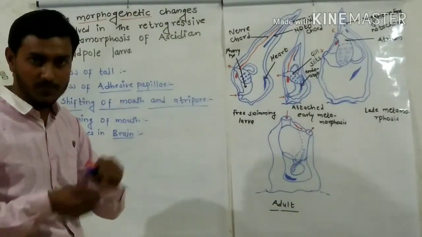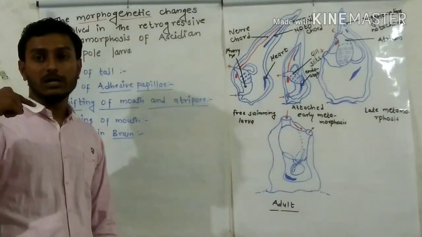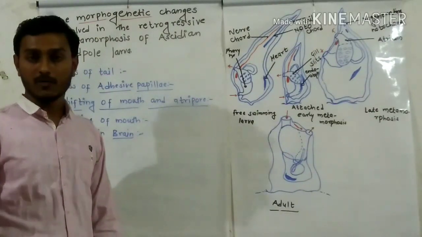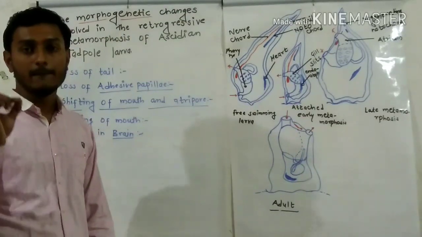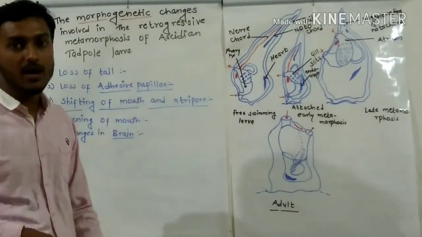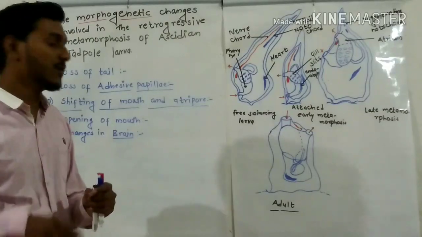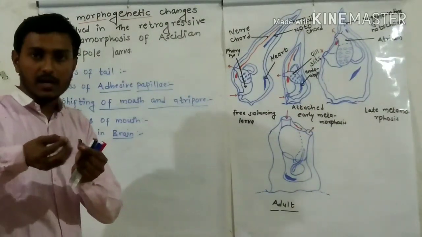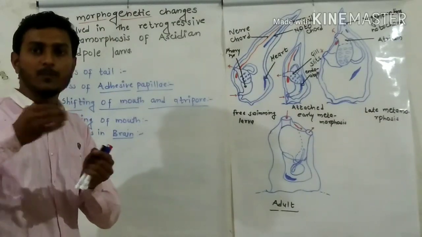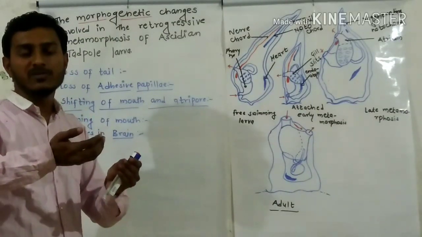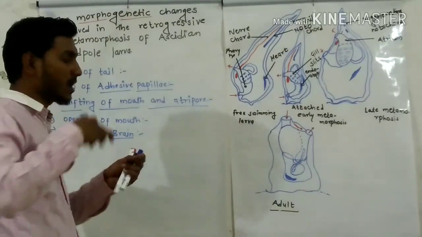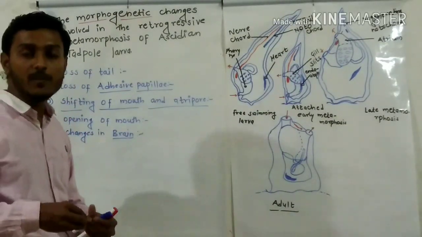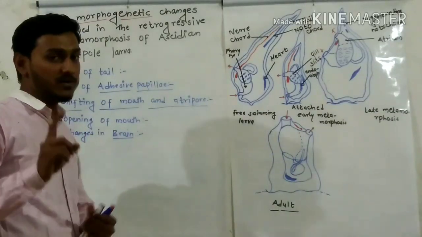So it may be misleading that it has some nervous function, but the neural gland has the excretory function. Okay, and the posterior part of the cerebral ganglia and the trunk ganglia merge to form the nerve ganglion.